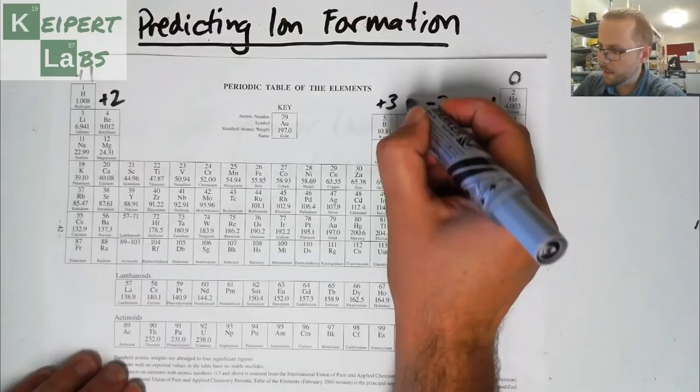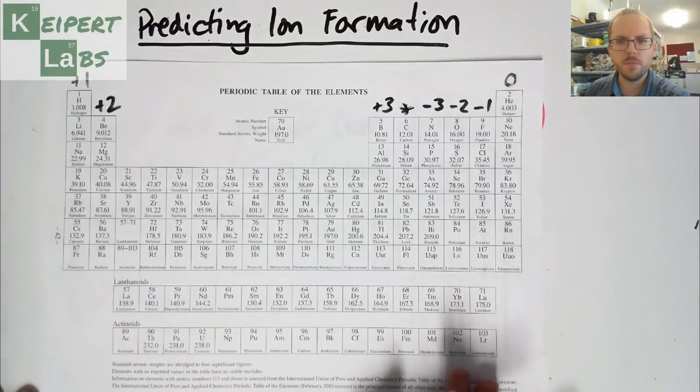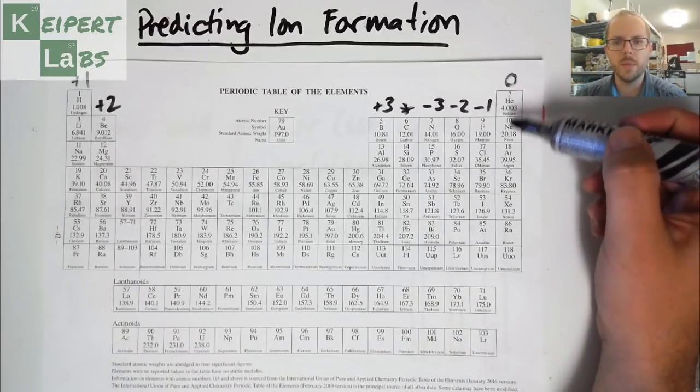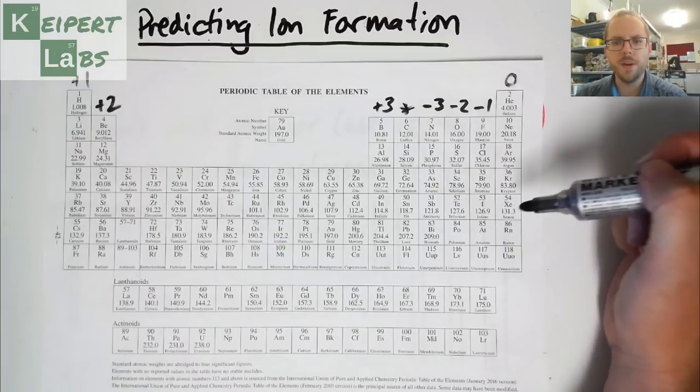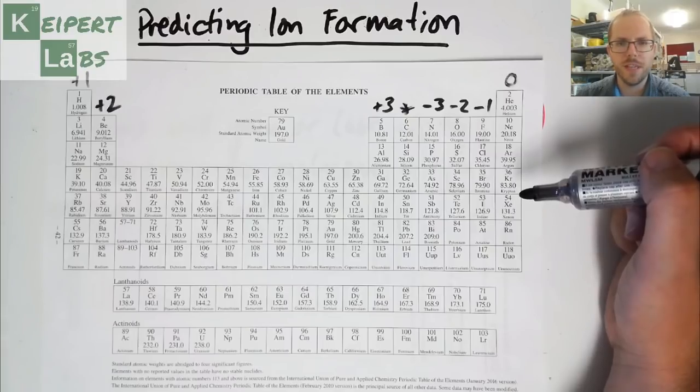I'll put an asterisk there to remind us that they're different. This also helps to explain why elements in this group, the noble gases, are very, very unreactive, because chemically they don't need to form ions in order to become stable. They don't need to form ions to get a full outer shell, so they don't need to partner up with other atoms in order for this to happen.